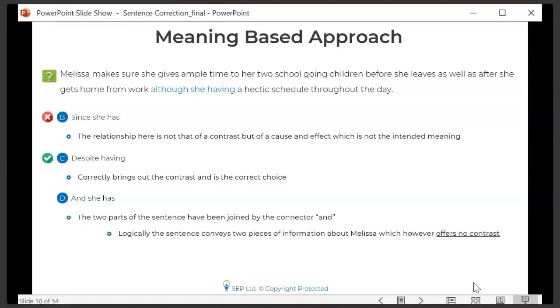So they give you 2 pieces of information about Melissa. She gives ample time to her children, and she has a busy day at work. So see, though this sentence is grammatically correct, it is logical, it conveys a clear meaning, yet it is not the correct answer because it does not convey the intended meaning.